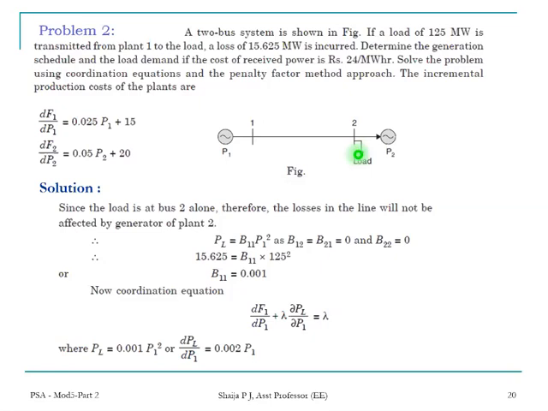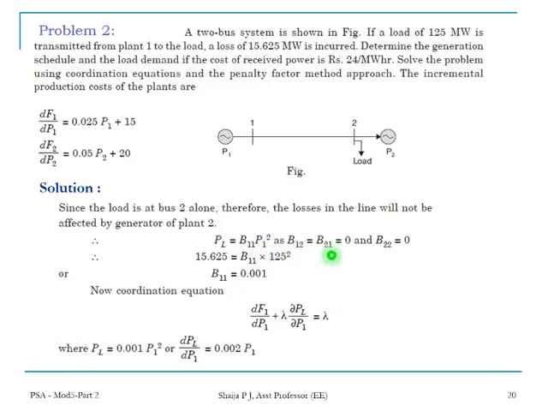Or else you can say PL can be expressed as B11 into P1 square, because B12, B21 and B22, the loss coefficients corresponding to station 2, are all 0. So PL will be equal to B11 P1 square.